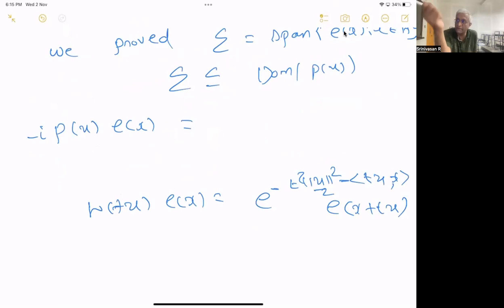The first function is e power minus t square norm u square by 2. If you differentiate it, you will get norm u square by 2 times 2t outside. As t goes to 0, that will go to 0, so you don't worry about the first term. The second term, if you differentiate, you get this. So minus iPu acting on E of x equal to, the t will go away.